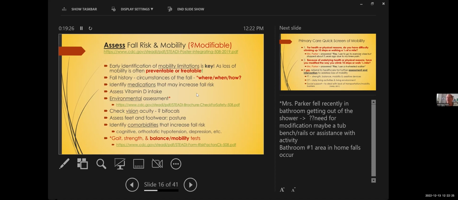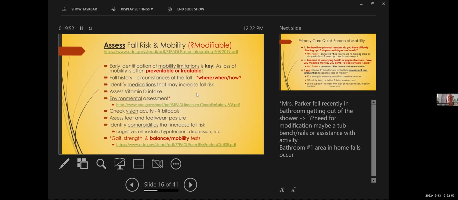We're going to look at the medications that Mrs. Parker's on and see if they increase the fall risk at all. The CDC recommends the STEADI program. Vitamin D helps with fall prevention. So assess her vitamin D intake, and we might do an environmental assessment by just asking her how her apartment or home is set up.